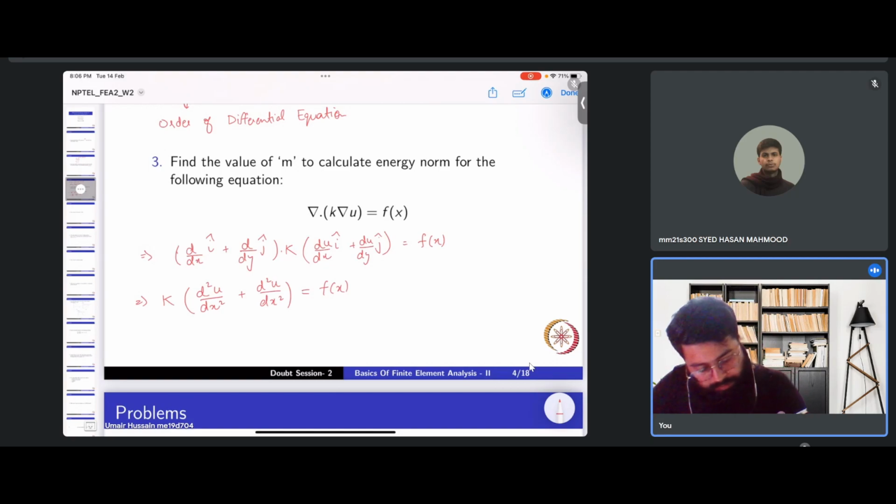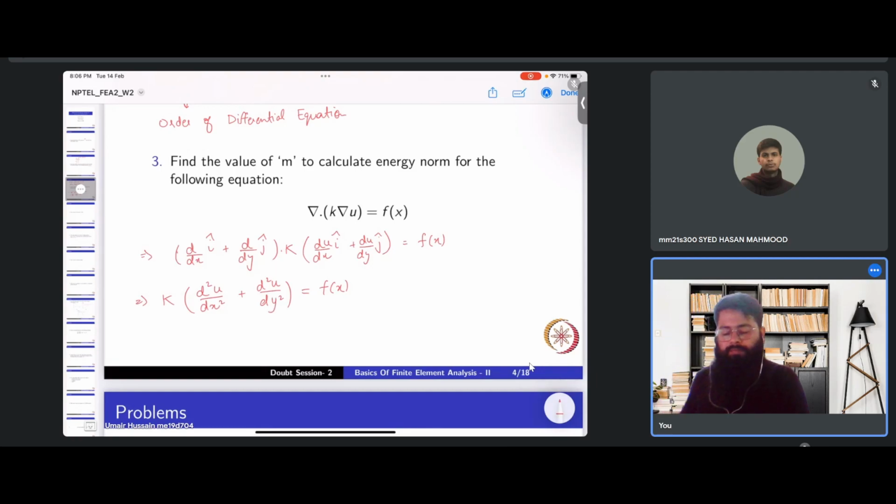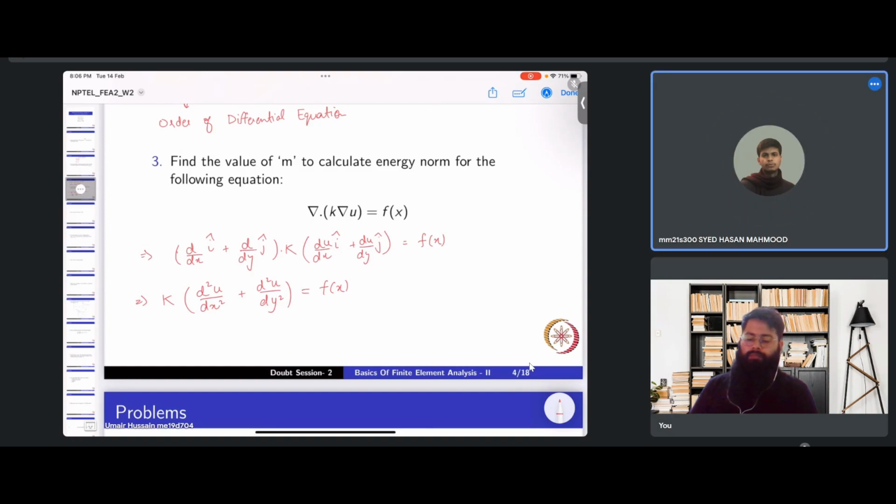So what would be the order of this differential equation? Order will be 2. Yeah, right. Degree will be 1. Right. Which is equal to m.